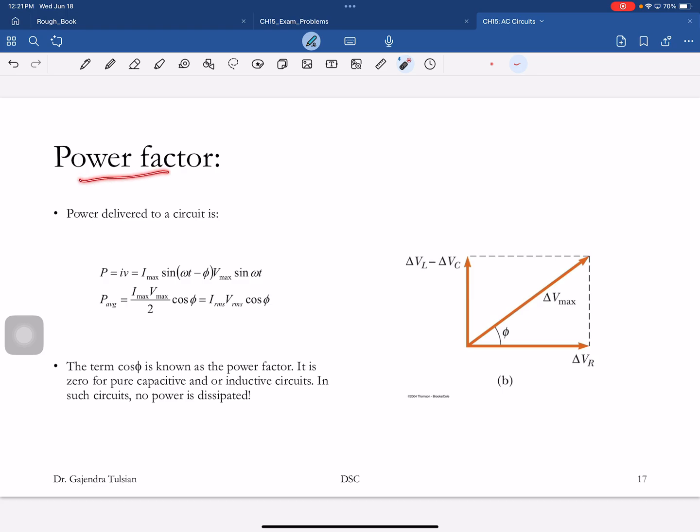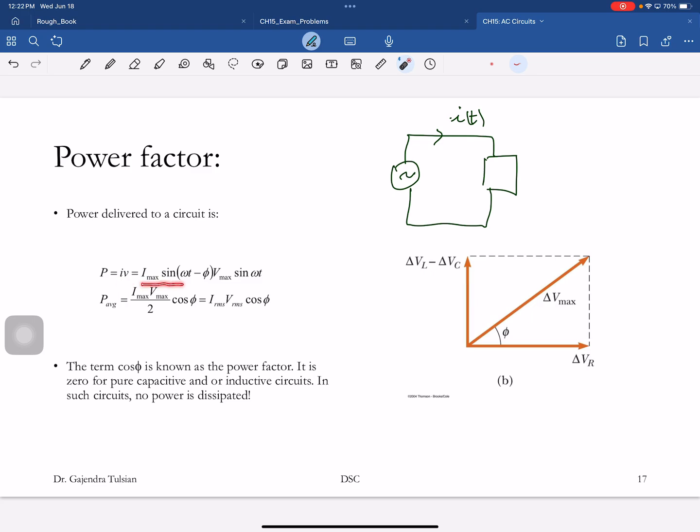All right, now let's look at the power factor. Here's our circuit, and I'll draw the circuit as a black box. So the instantaneous power delivered to this thing is I, the current, times the voltage.